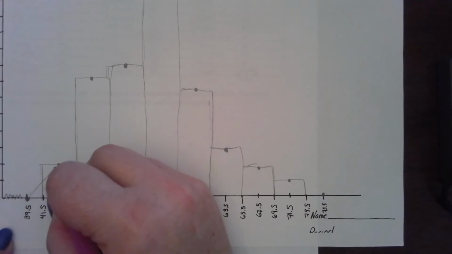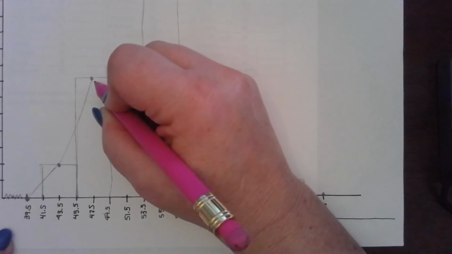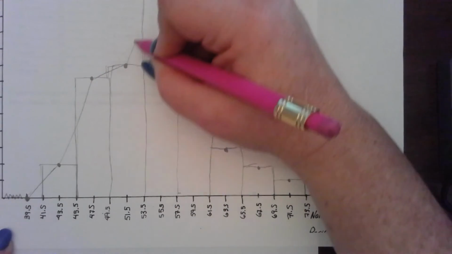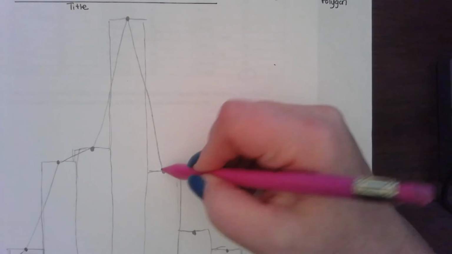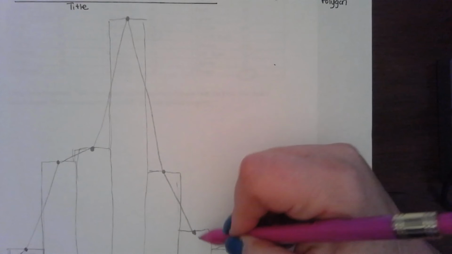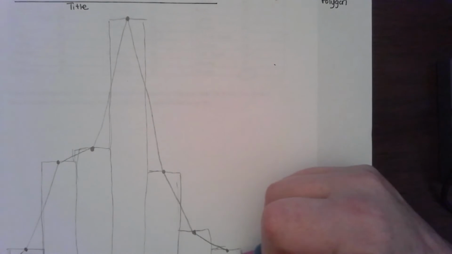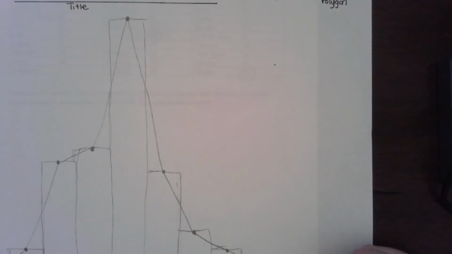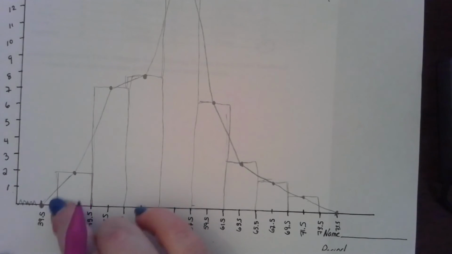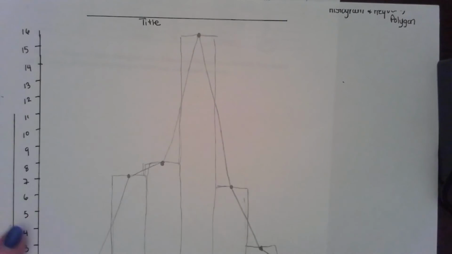And I draw straight lines. Please draw straight lines. Don't go by what I'm doing here. And this is our frequency polygon. Okay. Now, like I said, when I grade this, I want to make sure you guys do straight lines from segment to segment. These should all be equal width. Make sure you label.